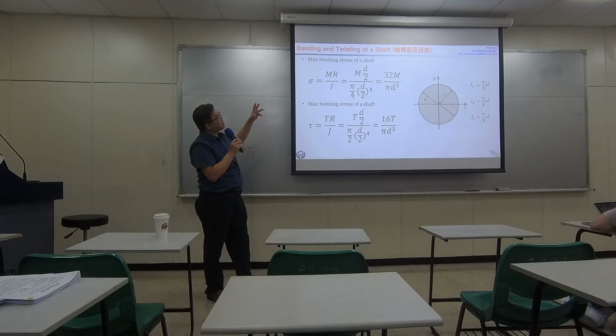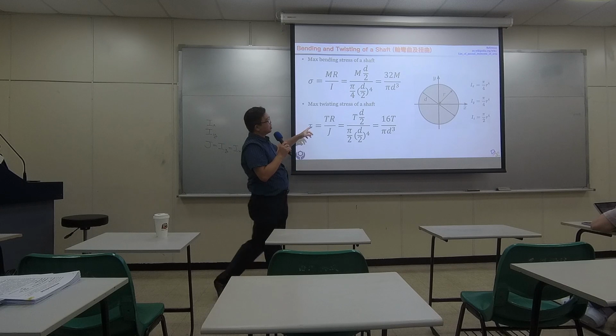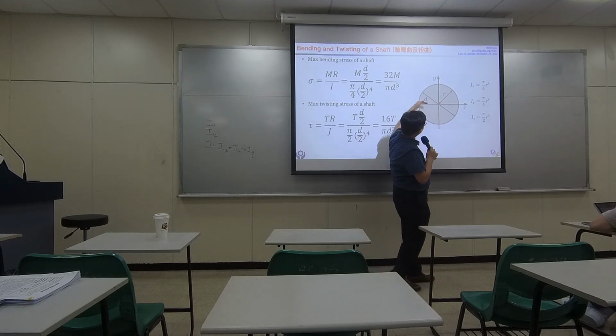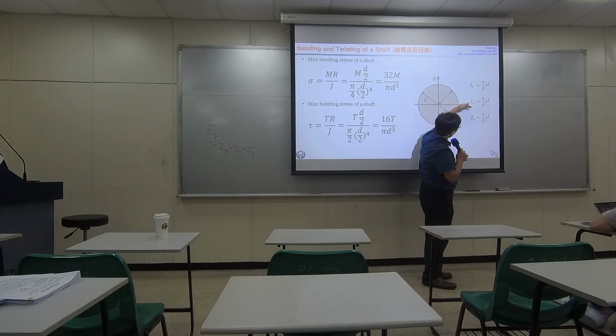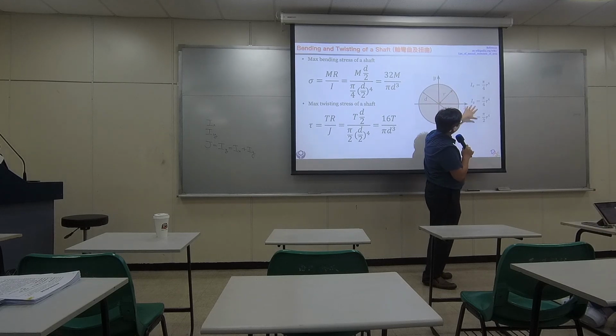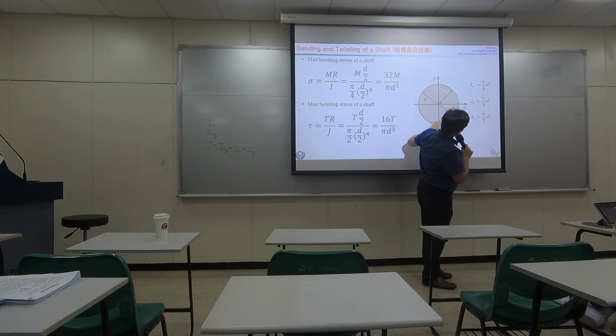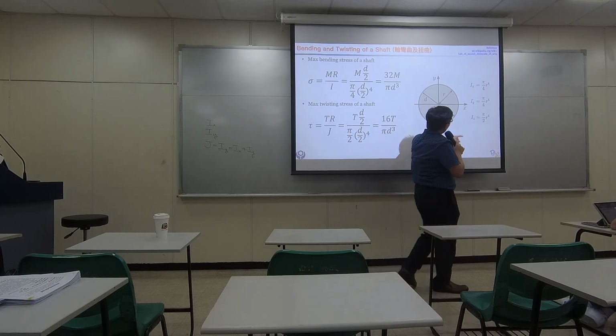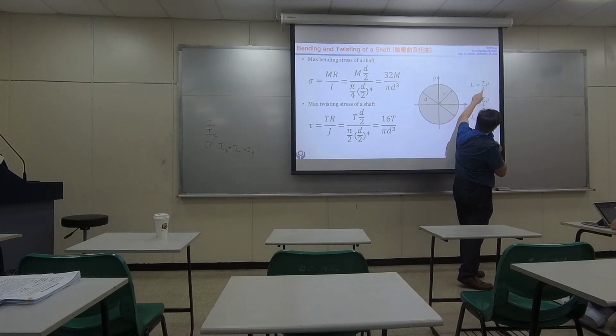Since this time we are working on a cylindrical object, we need to check the textbook or internet about how to compute the area moment of inertia. Ix and Iy are the same because it's axially symmetrical.